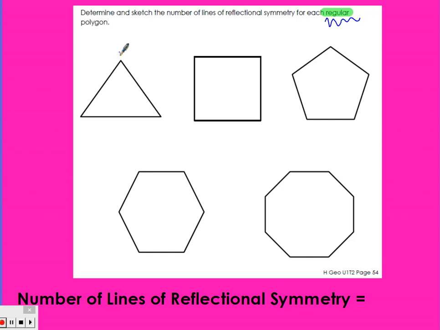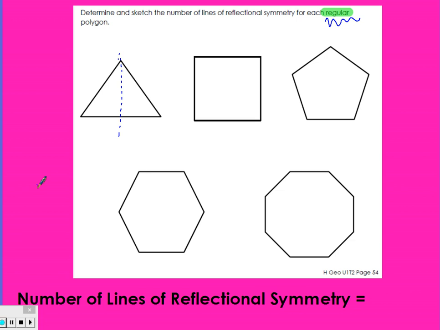So initially I think, all right, if I folded this triangle on that line, it would be symmetric. It would map onto itself, right? The one side maps onto the other side. All right, or they would coincide.